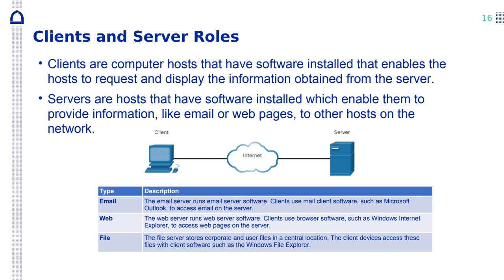Email server for sending and receiving emails. Web server. Okay? Like you want to access one website, you will send the request and then you can open it on your Google Chrome. And then we have file server. On your computer, how do you access the file server?